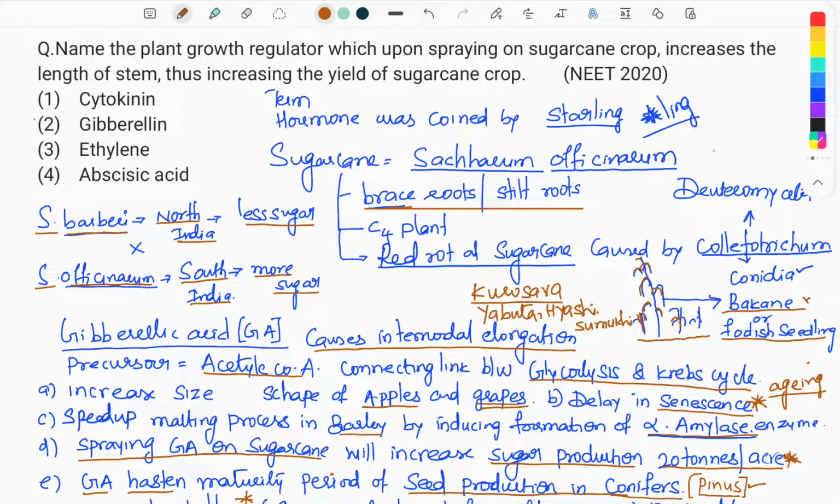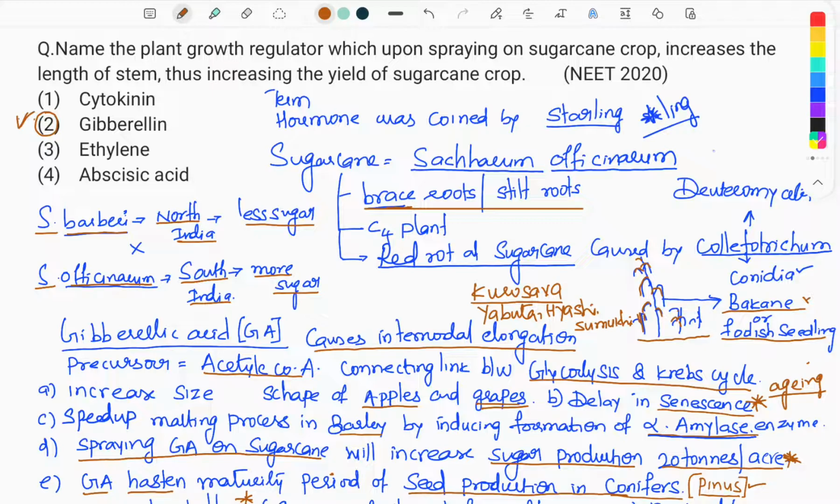So let us see the question here. Name the plant growth regulator which upon spraying on sugarcane crop increases the length of stem, thus increasing the yield of sugarcane crop. So no doubt it is gibberellin. This is gibberellin, that is second option. The question being very direct, one can incline upon the option without any difficulty.